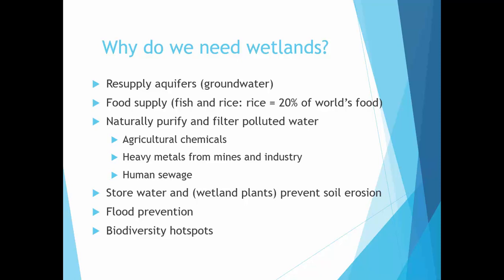Wetlands help prevent floods because they can store a lot of water, so they can soak up that water like a sponge when it rains, and so that prevents water from flooding out of river systems, for example, and backing up. And then finally, they are biodiversity hotspots. There are lots of animals and plants and just bacteria, fungi, lots of organisms that rely on wetlands and that live in wetlands.